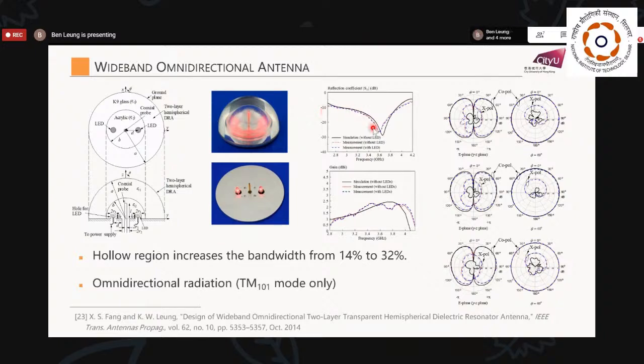The bandwidth can be increased from 14% to 32% by using the 2-layer structure. These are the radiation patterns at different frequencies across the passband, the -10 dB impedance level, and we can see that the radiation pattern is very stable across the passband.